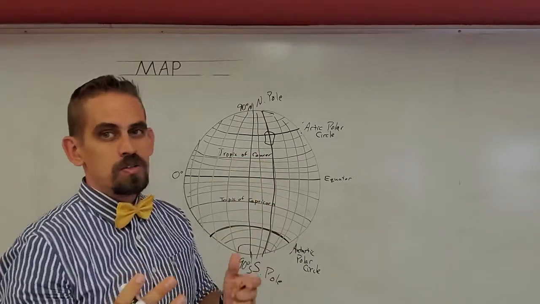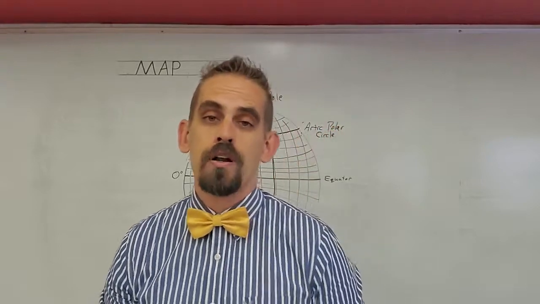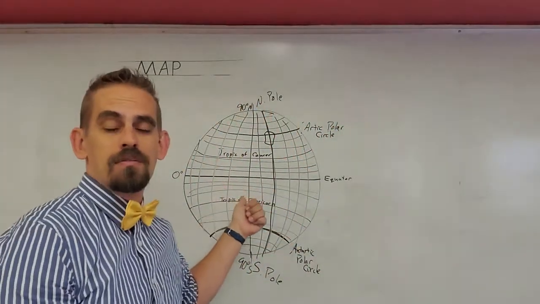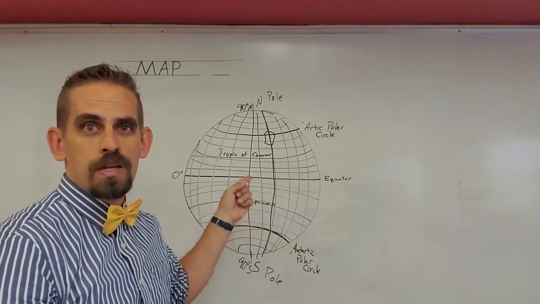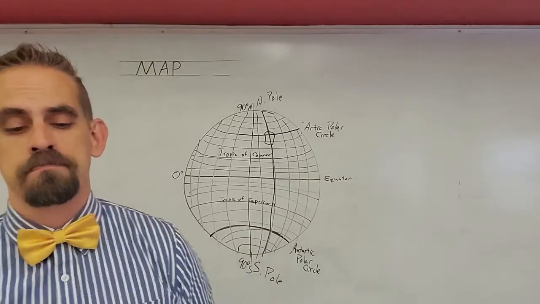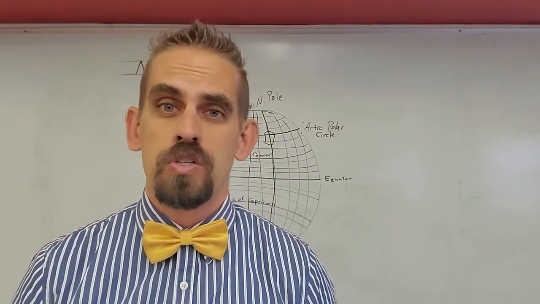So by using these numbers, we can pinpoint exact locations of countries, of things that happen, especially prior to GPS and satellites. This was how you navigated. If you wanted to find something, you would have to put it in with degrees, with latitude and longitude.